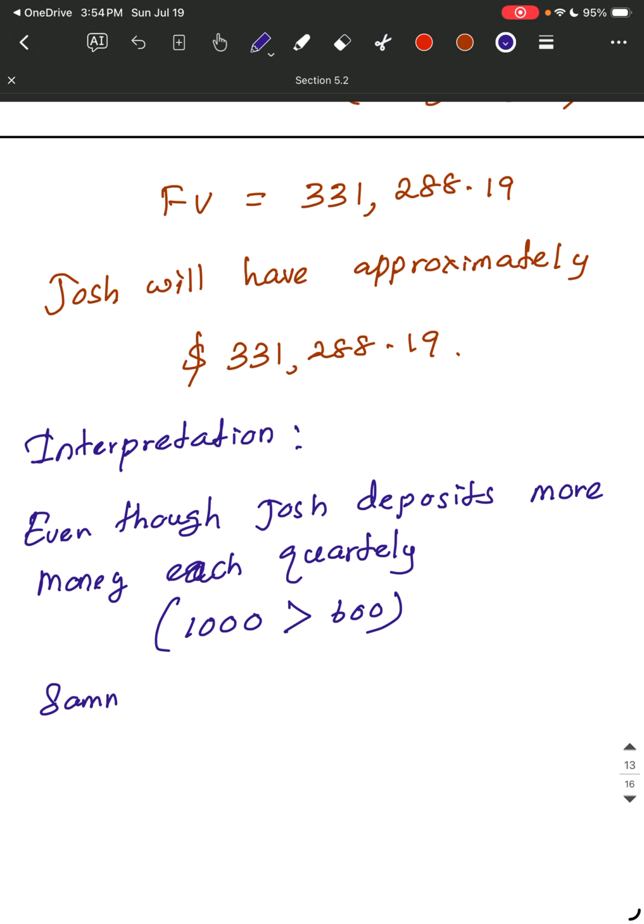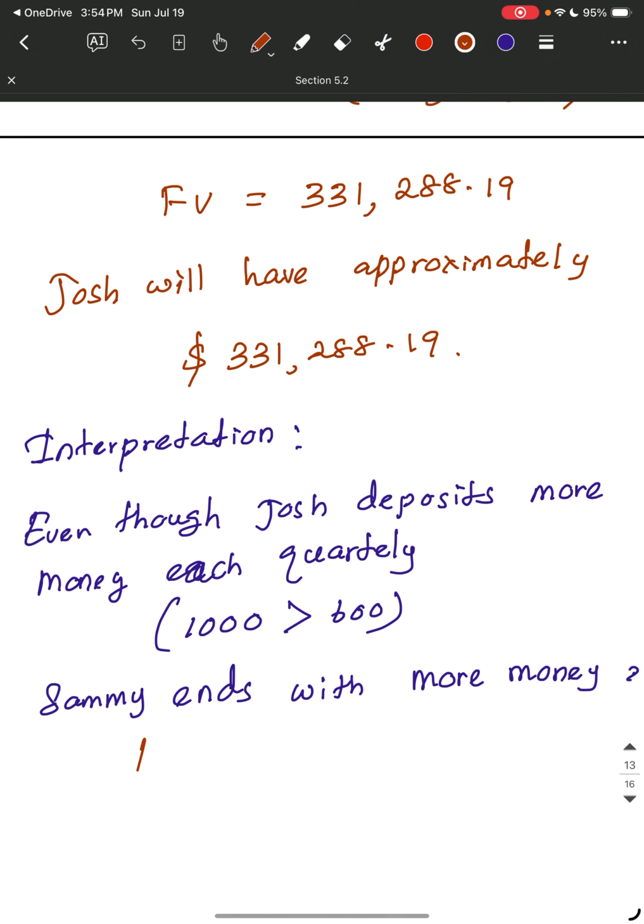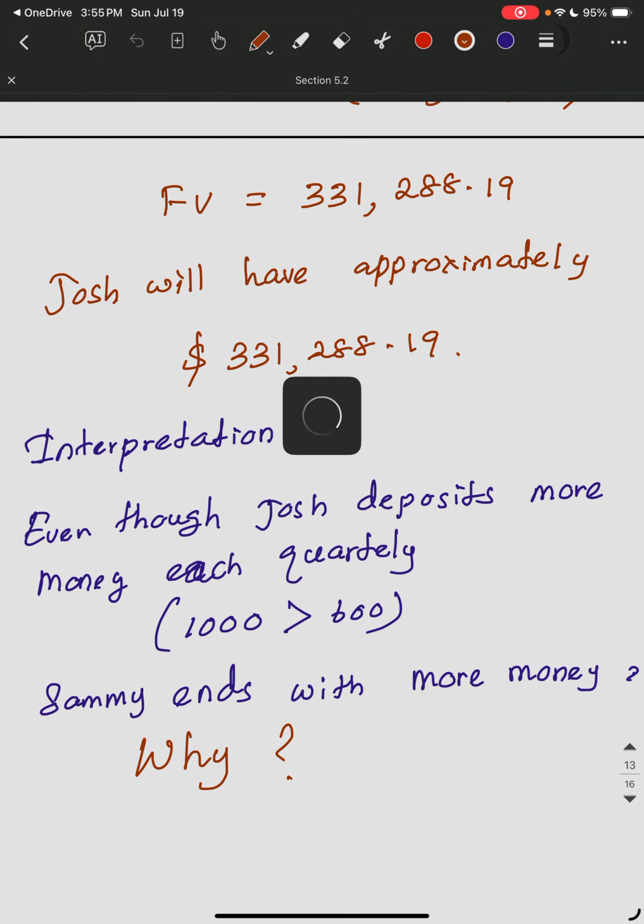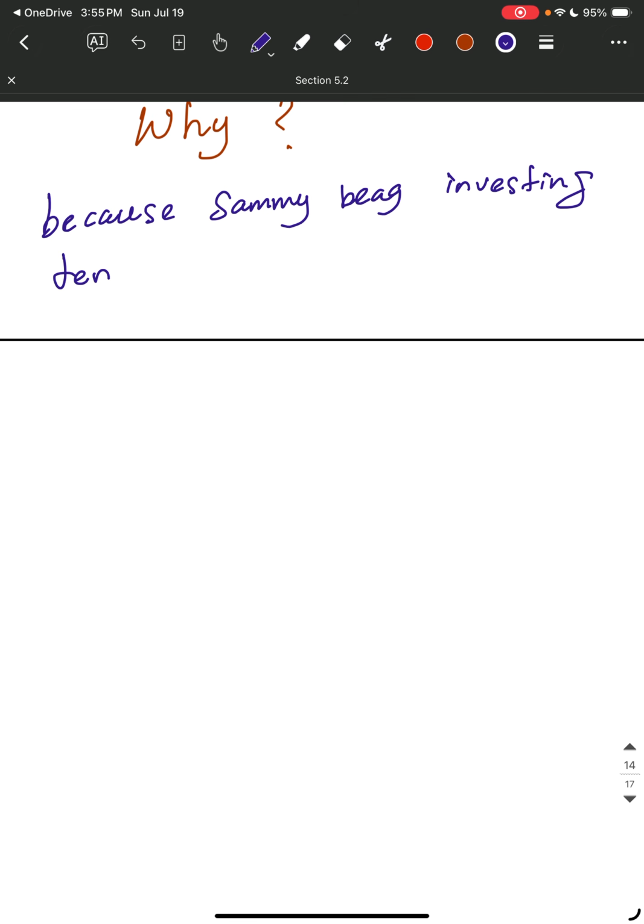Then why? So the answer should be because Sammy began investing 10 years early. So her early deposits had more time to earn compound interest.